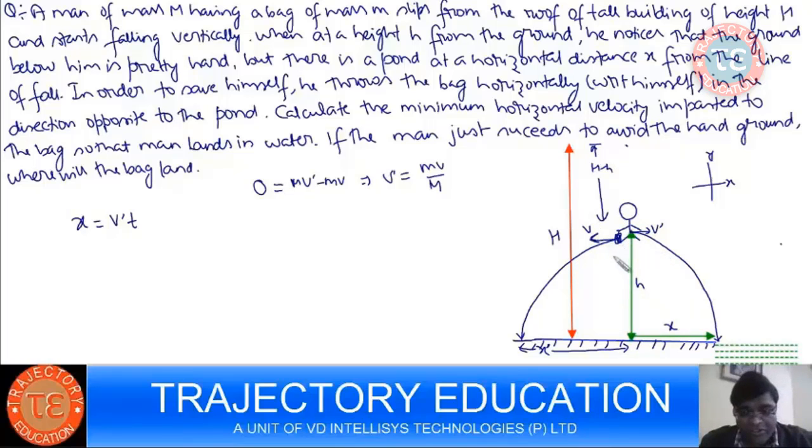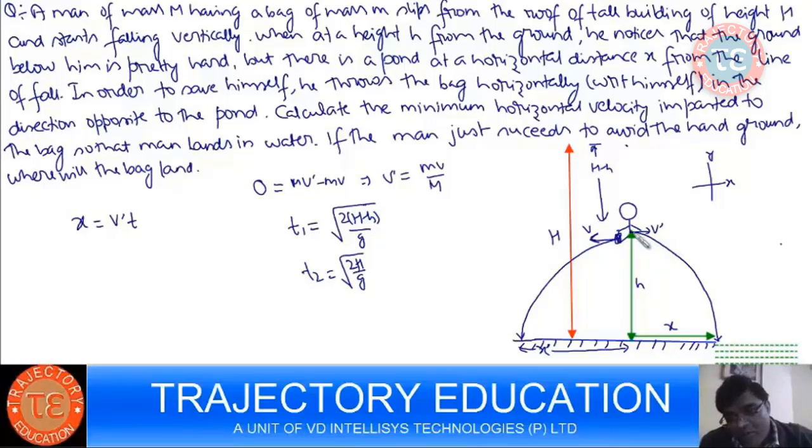So tell me what time the man takes to travel this distance. This must be t1 equal to under root 2(H minus h) by g. This is the time taken by the man to fall this distance H minus h. And now the time the man will take to fall from this position to the ground will be t2, under root 2H by g.